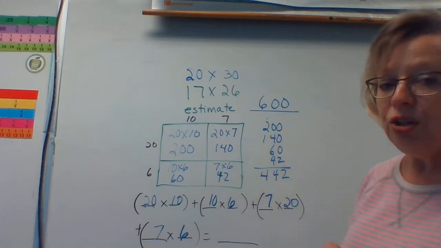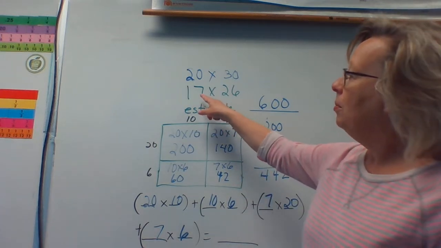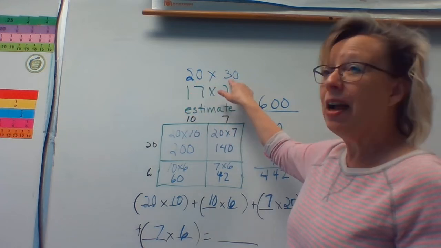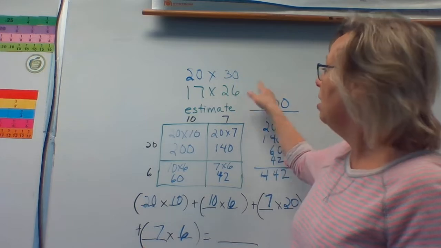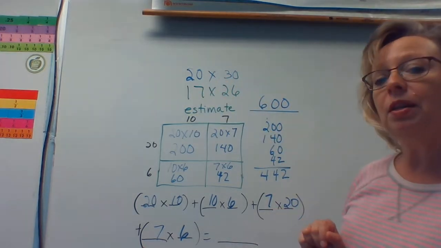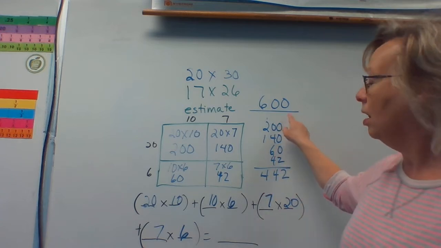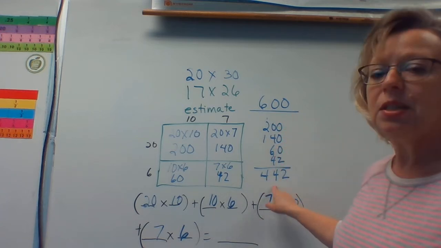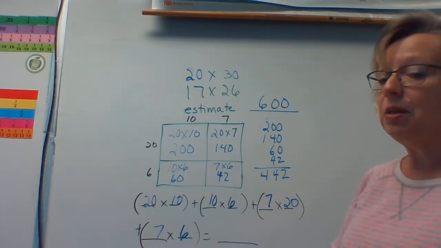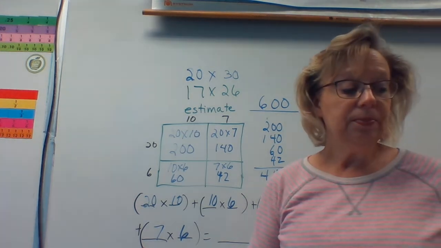It's not too far off, but I have to remember that here I rounded up, and here I also rounded up. So we would call this an overestimate because both of these numbers went over the amount. So it is a larger estimate, but we're still fairly close. So that would be an estimate for that equation.